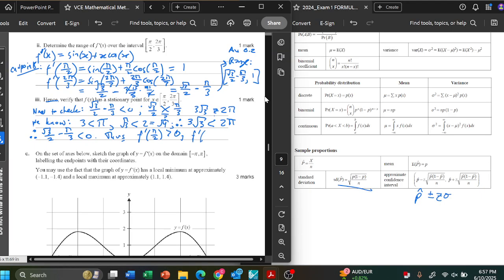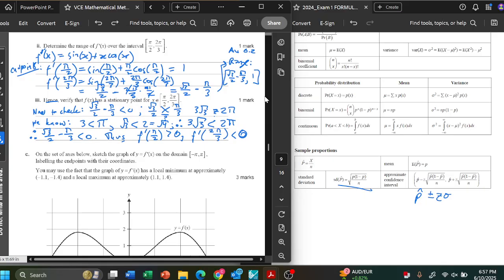And at the other endpoint, 2 pi on 3, we have that the output is less than 0. So thus, I guess we should write this better.